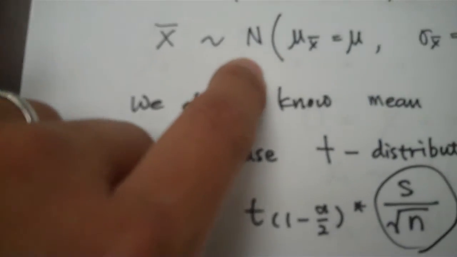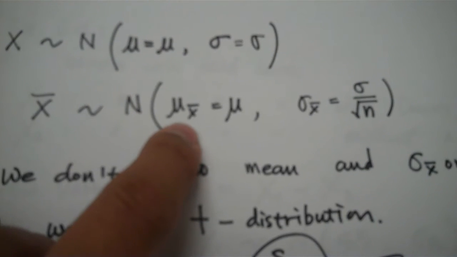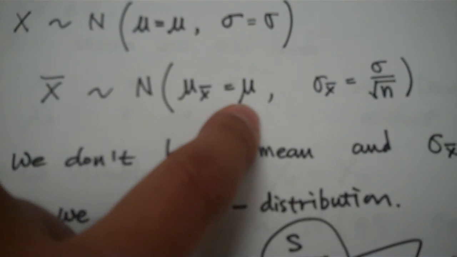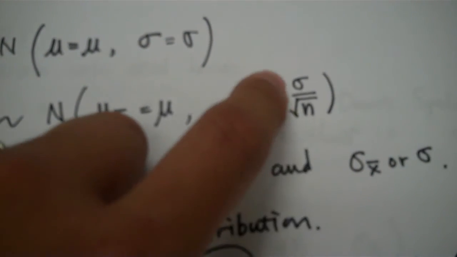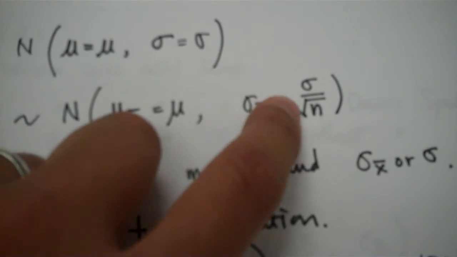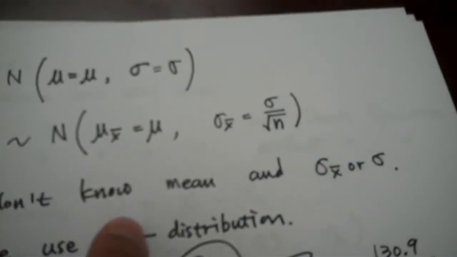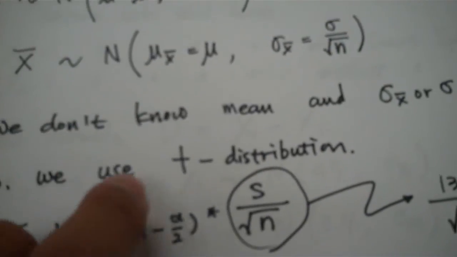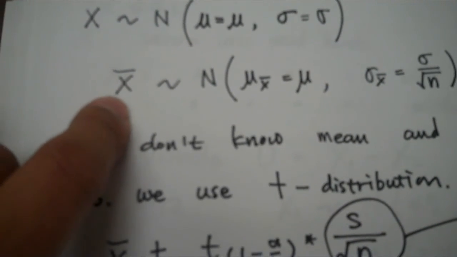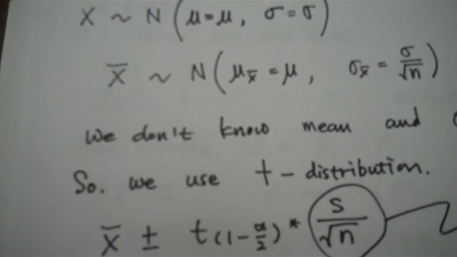X bar follows the normal distribution because the population is normally distributed. The sample mean should be the same as the population mean, and the standard deviation is, like before, the population standard deviation divided by the square root of the sample size. Right now, we don't know the mean and standard deviation, so we have to use the t-distribution. This x bar is not normally distributed now; it follows the t-distribution.